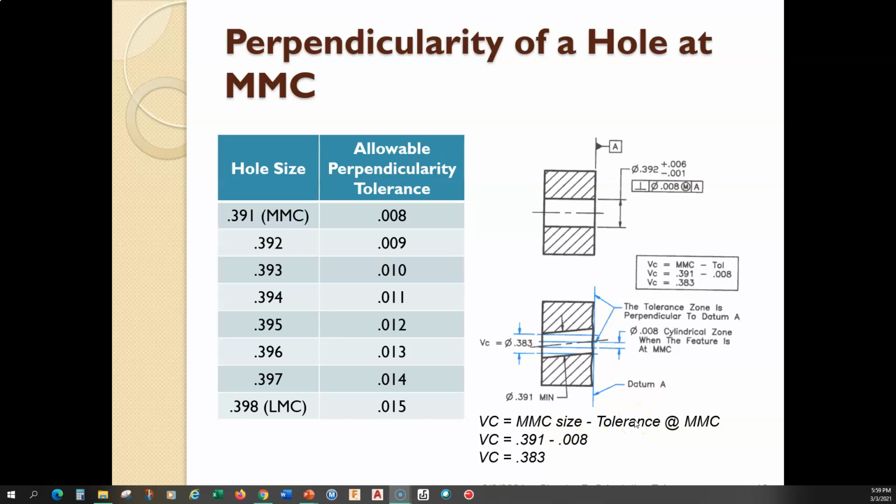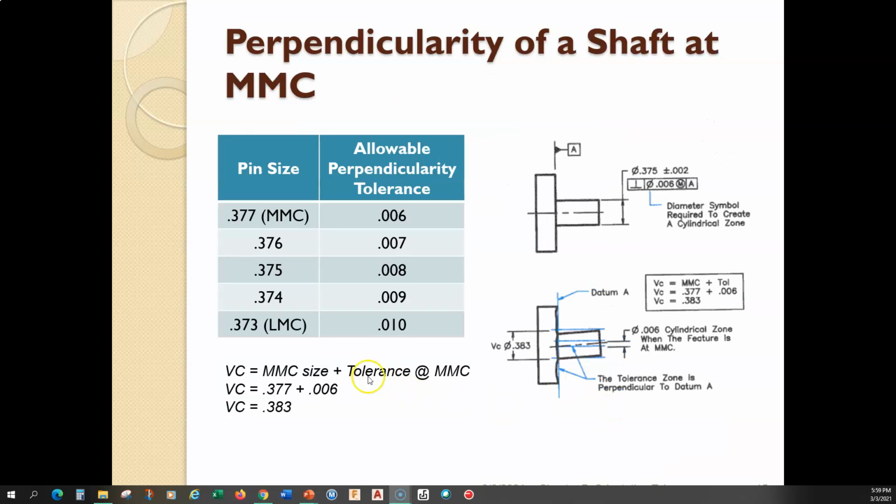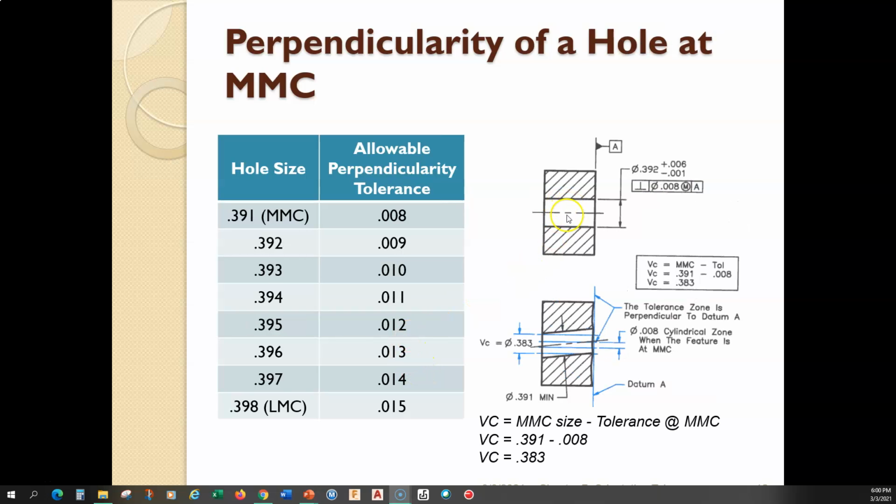All right. If we go back one, this is a positive feature, so the virtual condition is the MMC size plus the tolerance. Positive feature, plus. Negative feature, hole, minus. Okay?